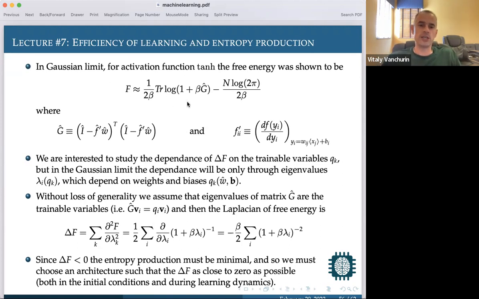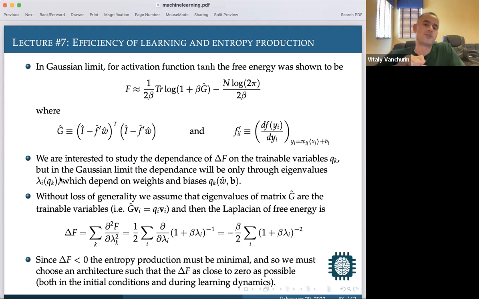So what's said here is that we should treat all of the eigenvalues of this matrix G as trainable variables. This is not exactly correct, and the right thing to do is to actually think about weights and biases being trainable variables. But nevertheless, this is the assumption that we're going to make that will allow us to do the differentiation very quickly.